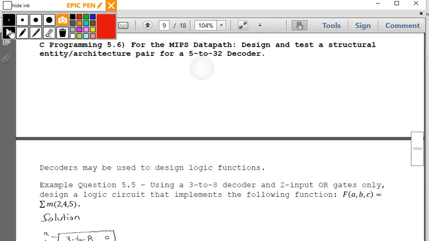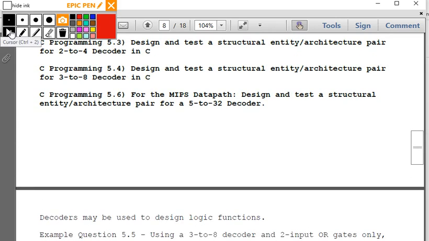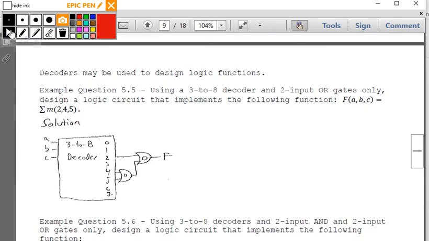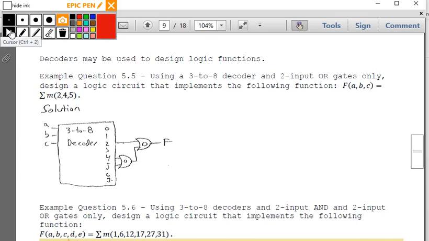All right. Okay, so now I want to show you a really neat trick that you can use with decoders before we continue to move on. So I've included 2 problems here, 5.5 and 5.6. So I've given you 3 min terms using a 3 to 8 decoder and 2 input OR gates only. Design a logic circuit that implements the following function.